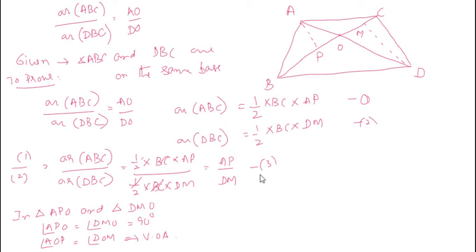So the third set of angles are equal. Therefore, triangle APO is similar to triangle DMO. If two triangles are similar, the ratio of their corresponding sides are equal. Therefore, AP by DM equals PO by MO equals AO by DO.